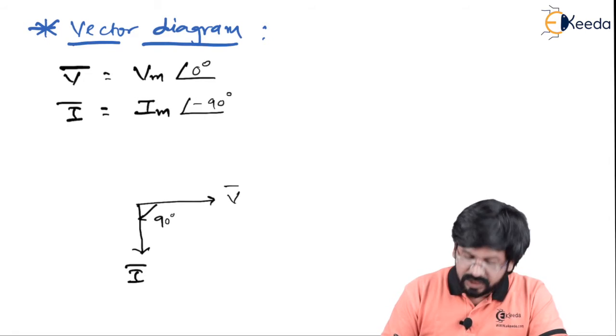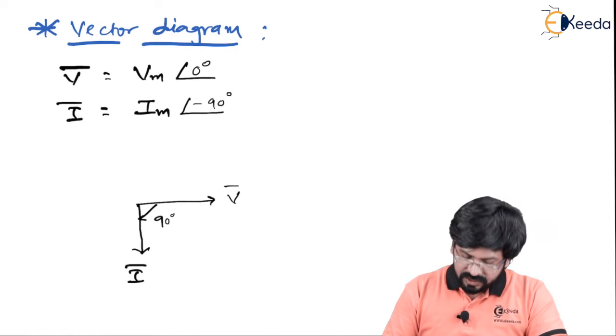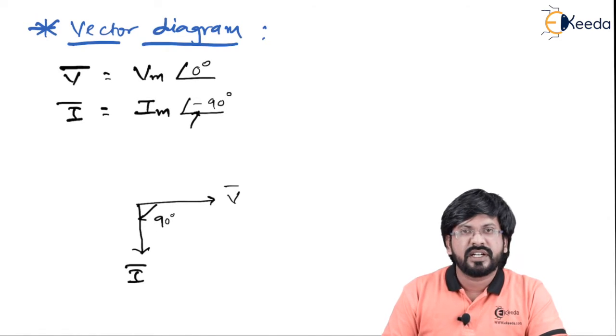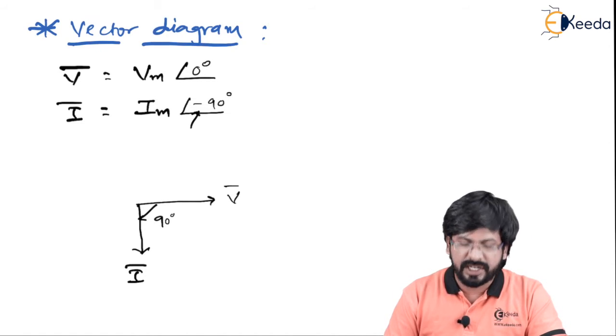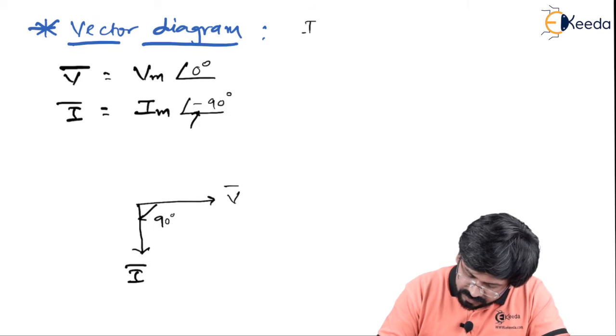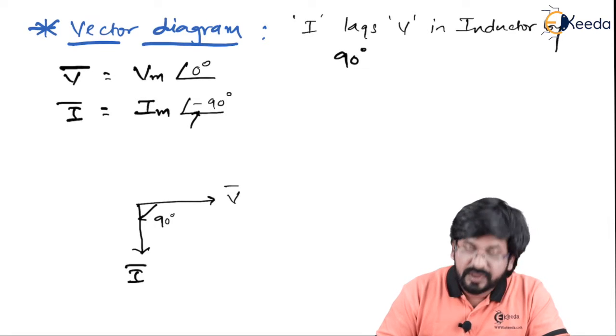We need to conclude something out of it. Do you find the V vector and I vector are in the same phase? The answer is no. As we can see, this negative phase indicates current is lagging, and by how much angle is it lagging? By 90 degrees. So we say that current lags voltage in case of an inductor by 90 degrees.